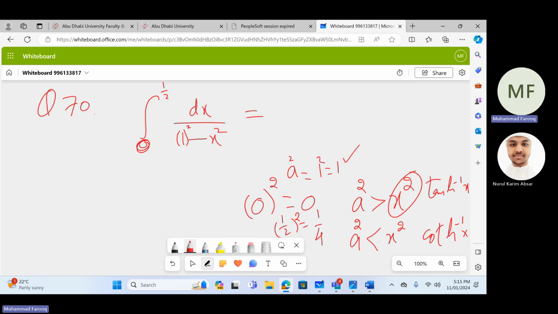My a squared is 1 and x squared is 0: who is bigger? a. Then my a squared is 1 and x squared is 1 by 4: 1 is bigger. So my a is bigger. If a is bigger, which rule? Tangent. So the answer is tangent inverse hyperbolic.